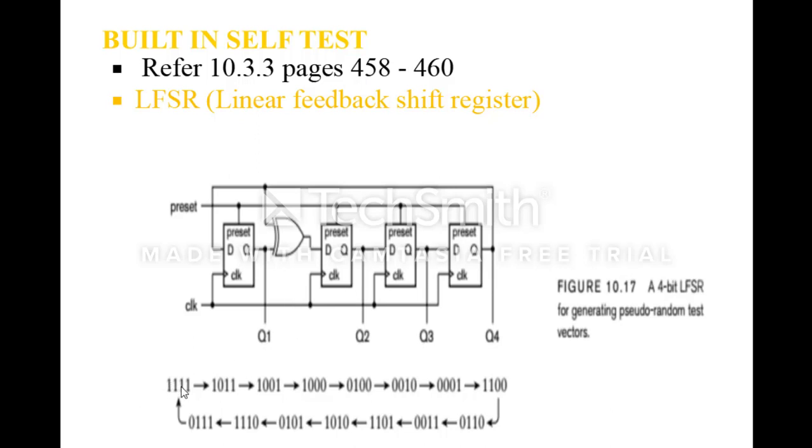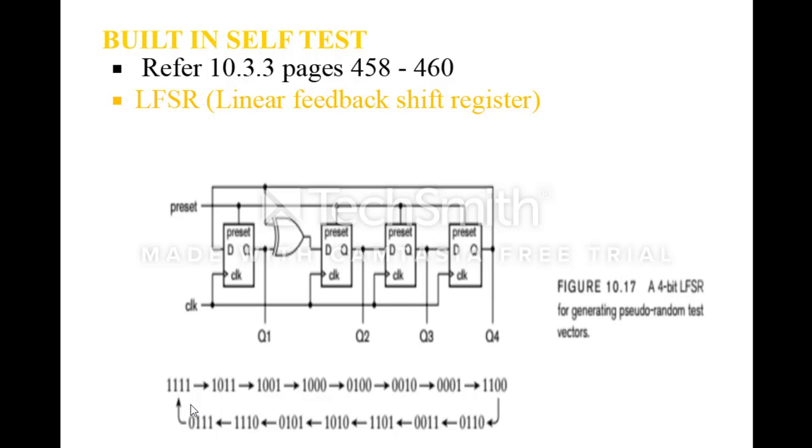Suppose we start with the value 1111 by loading all the flip-flops with 1, and then use this circuit for random sequence generation. This circuit can provide the sequence 1011, then 1001, 1000, 0100, 0010, 0000, and so on, back to the four ones.